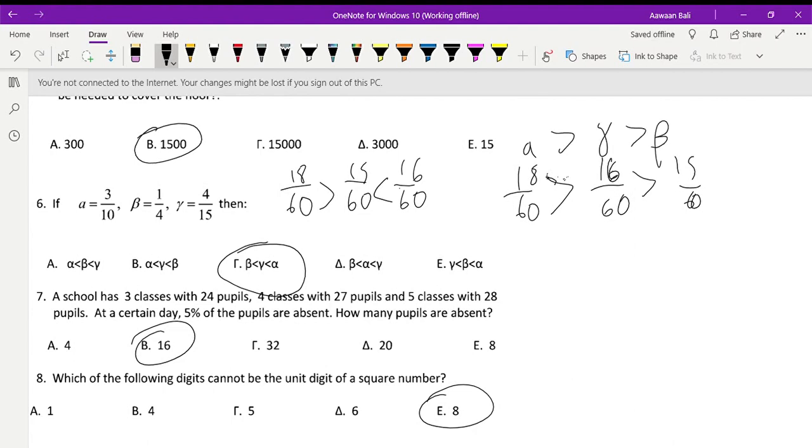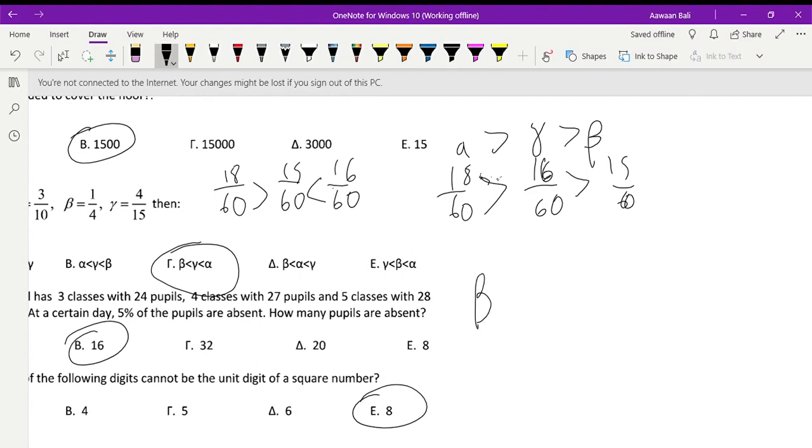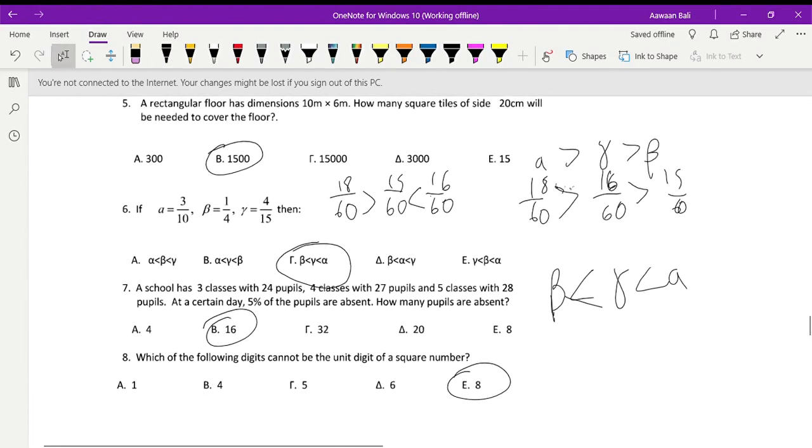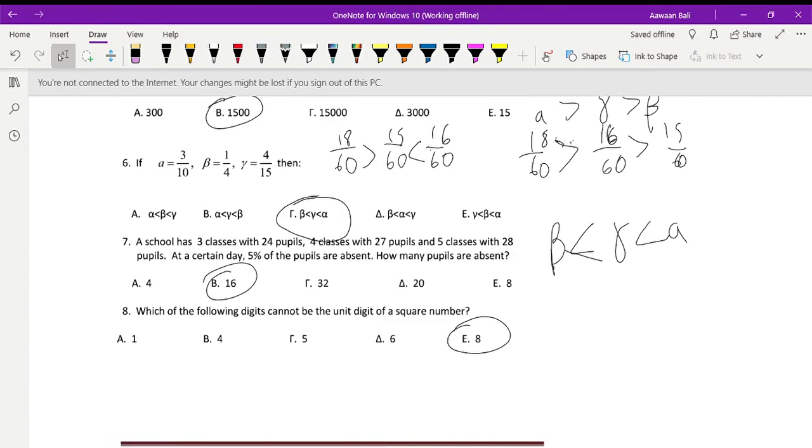However, we can write it another way by saying beta is smaller than gamma, which is smaller than alpha, which is an actual option. So therefore the answer is gamma. There we are.